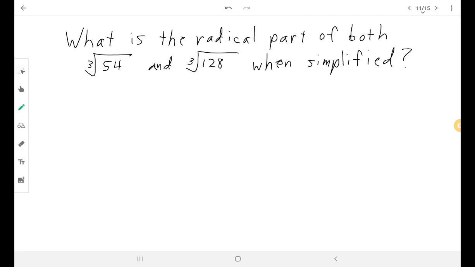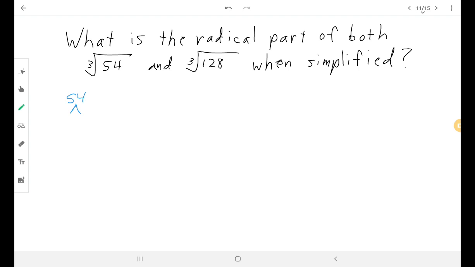Next question is, what is the radical part of both cube root of 54 and cube root of 128 when simplified? Okay, so this takes some exploration. Let's look at 54 and do what they call a factor tree on it.